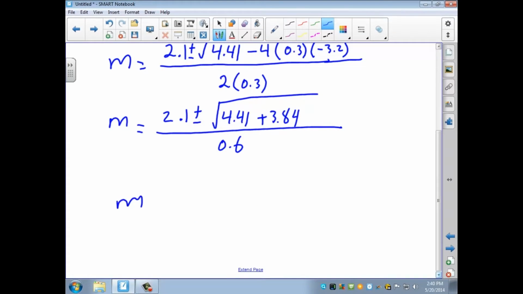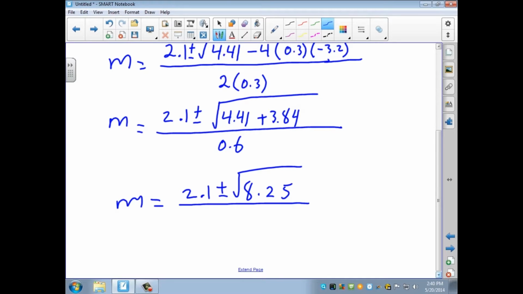Therefore, m is equal to 2.1 plus or minus square root of, you add up those two numbers, that would be 8.25.